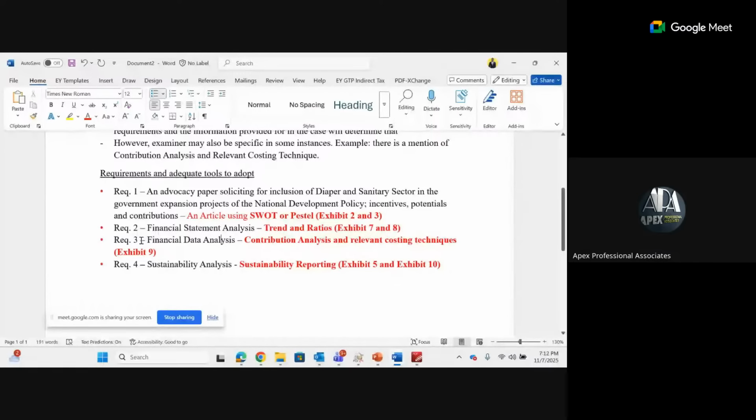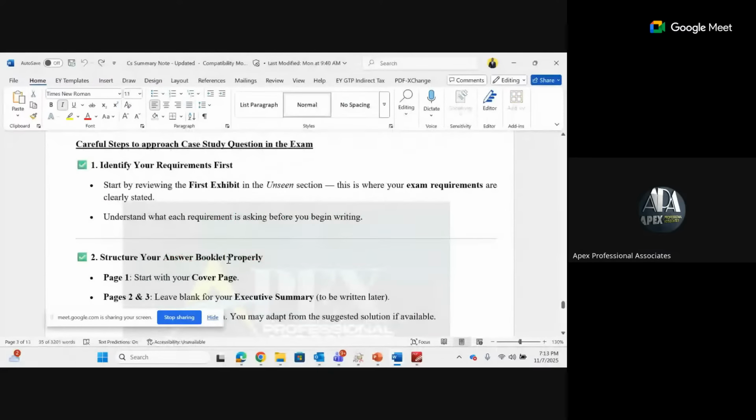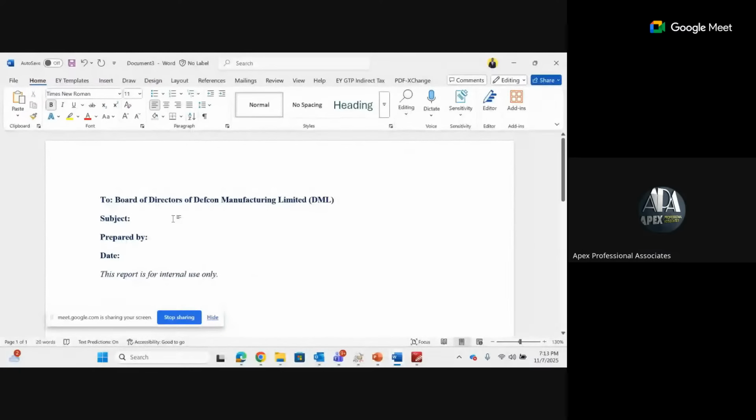Requirement 3 is talking about introduction of new products. And requirement 4 is talking about sustainability analysis. So we are going to bring in those requirements to form our subjects.